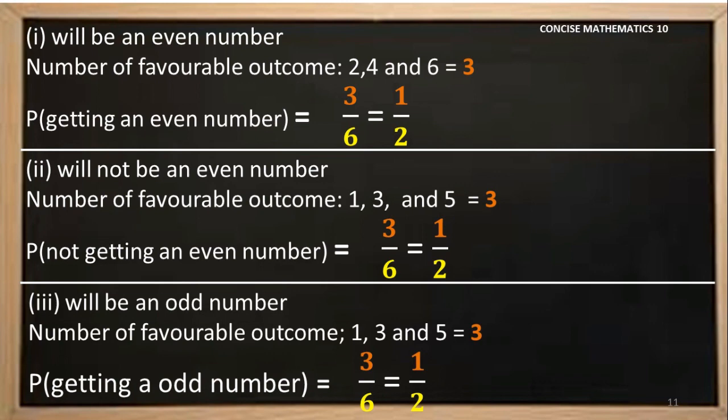One and the same. If it is not an even number, we understood that it is an odd number. Find the probability that the number will be an odd number. Which are the favorable outcomes? 1, 3, 5. So the count is 3 times we can have it. Hence the probability is 3 by 6, which is equal to 1 by 2.